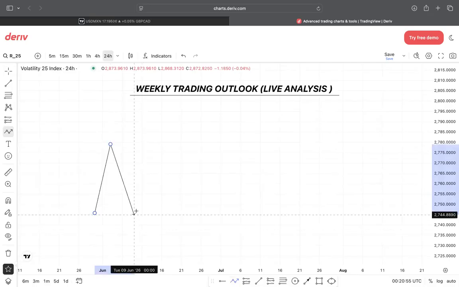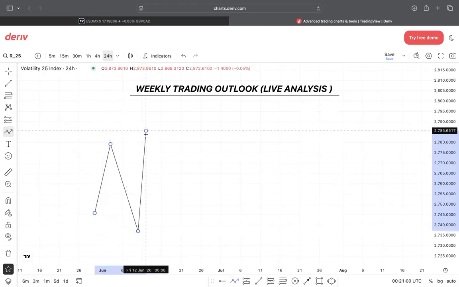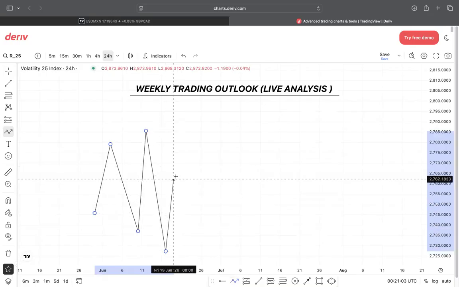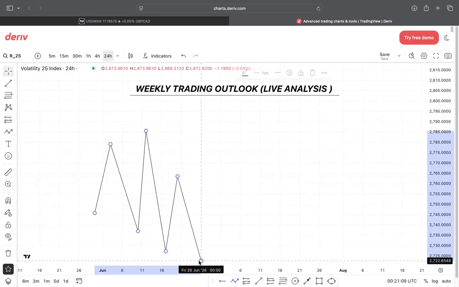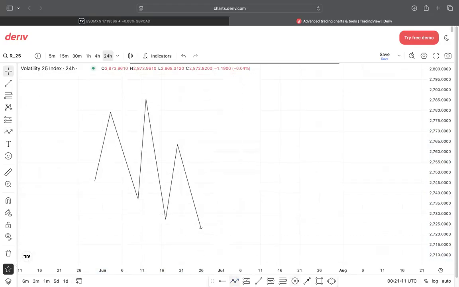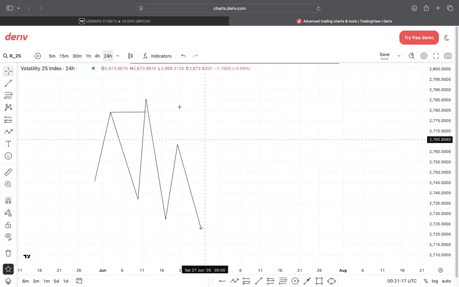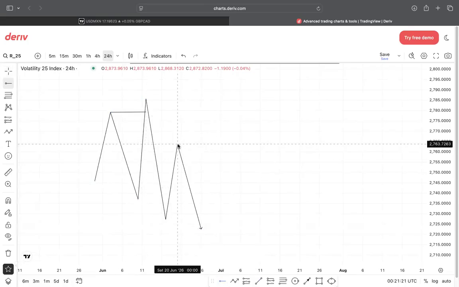The first thing we're looking for is a sweep of liquidity, and then a break of structure. Then we have structural liquidity, and then our second break of structure. So this is our sweep, inducement, and then we have transactional liquidity, and here becomes our structural liquidity.